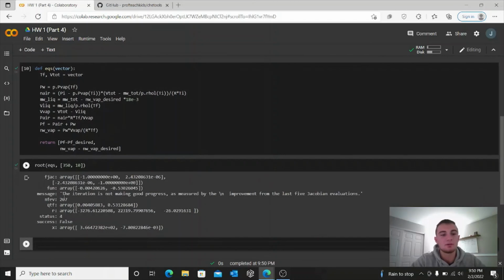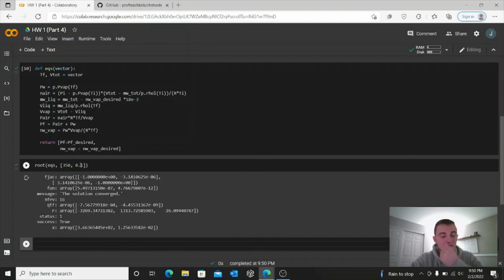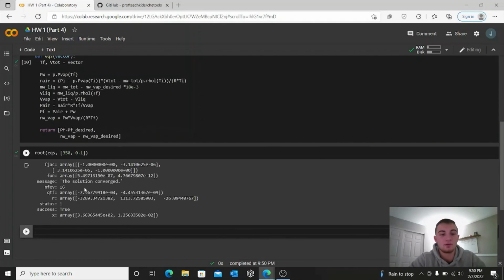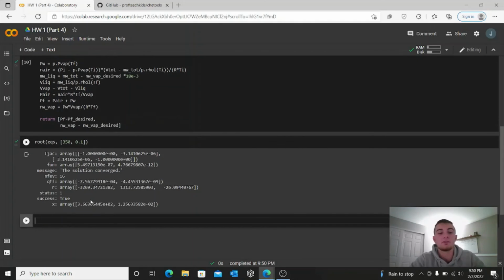now we get a message that reads back, the iteration is not making good progress. This basically means that our initial guess is not close enough. So I'm going to go ahead and lower this down to 0.1 because we need the solution to converge correctly. Okay, so here we get that the solution has converged and it returns an array of two different values.